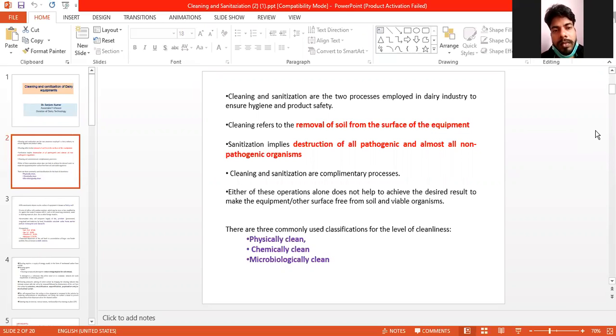There are several classifications of cleanliness: physical cleanliness, chemically clean, and microbiologically clean.